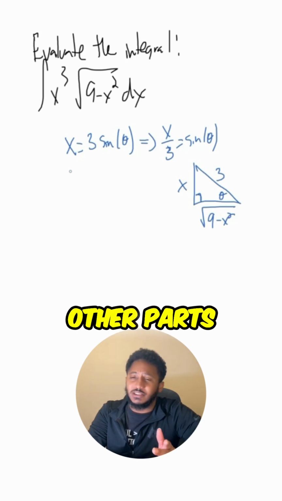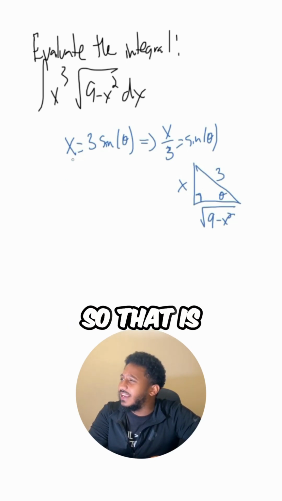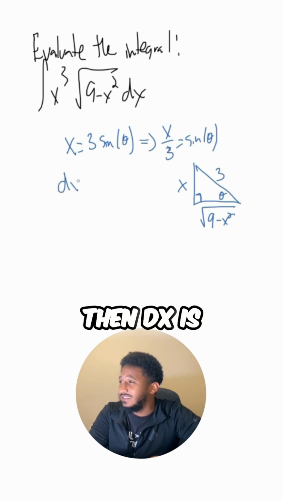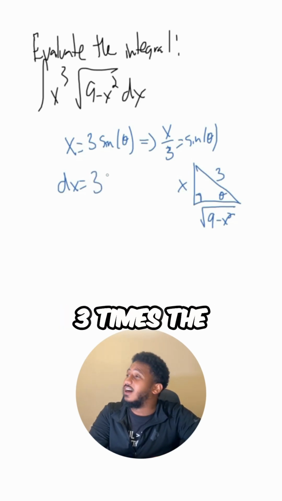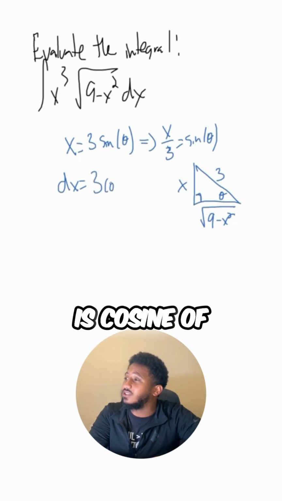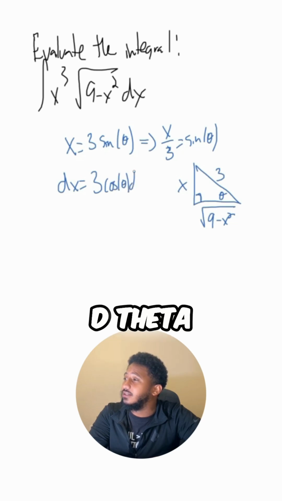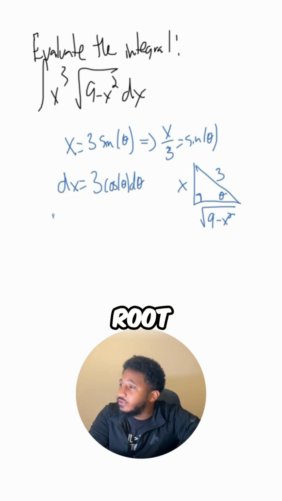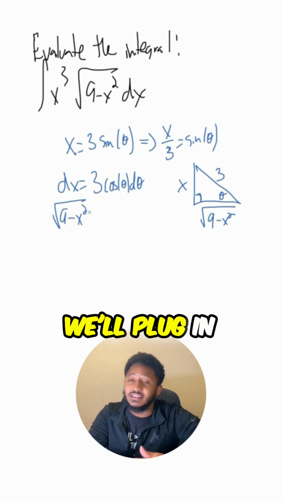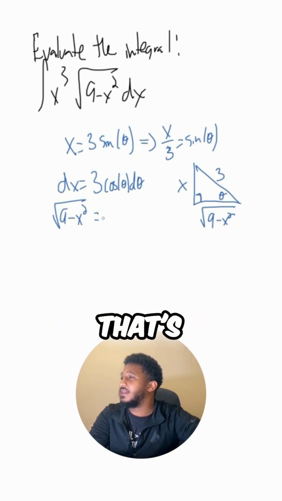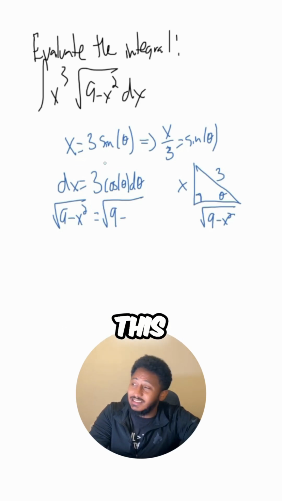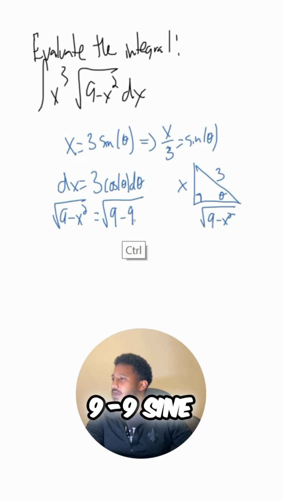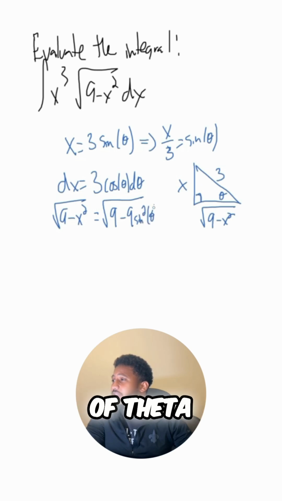Then we have some other parts to fill in. If x is 3 sine of theta, then dx is, taking the derivative of each side, 3 times the derivative of sine of theta, which is cosine of theta d theta. For the square root of 9 minus x squared, we plug in x is 3 sine of theta, so 9 minus 9 sine squared of theta.